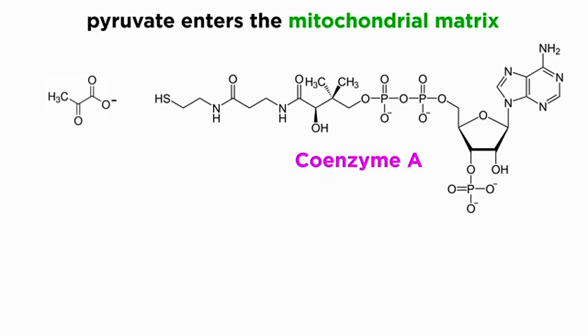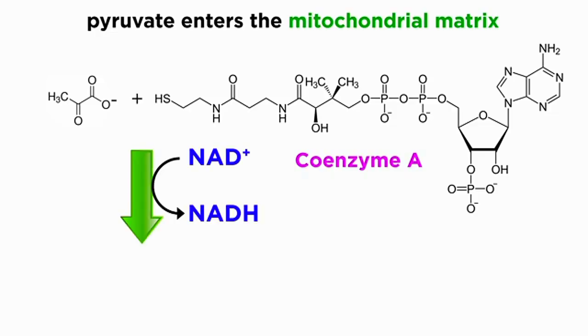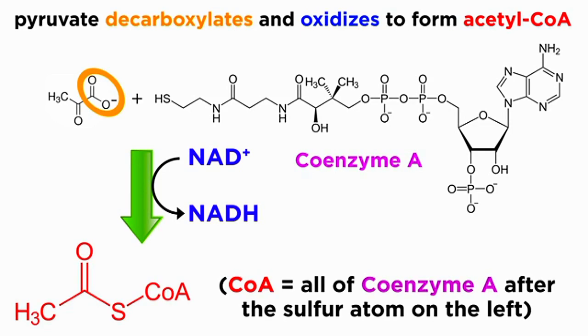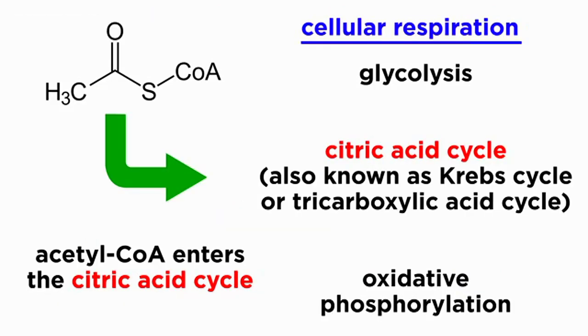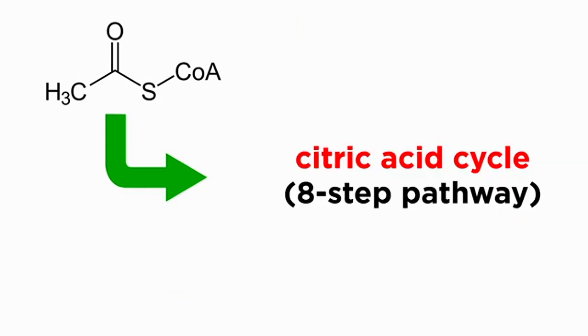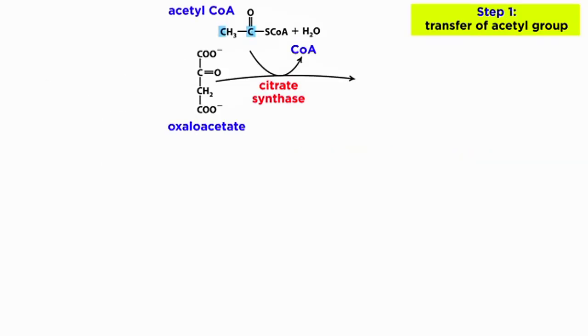Instead, it enters into the mitochondria and passes through the matrix, where it's combined with coenzyme A, and also undergoes a process of oxidation by addition of hydrogen ion to form acetyl coenzyme A, or what is called acetyl-CoA. Acetyl-CoA enters the citric acid cycle, where it mixes with the citric acid to begin the 8-step Krebs cycle.